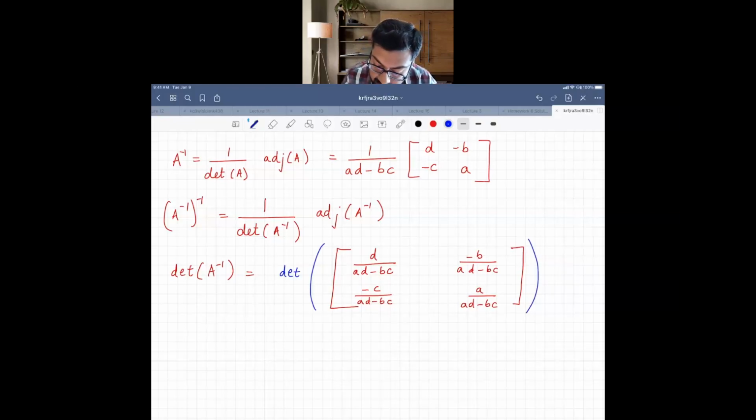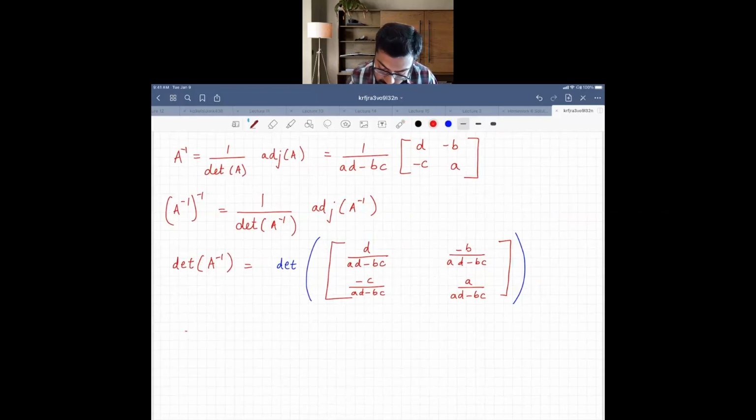And the way I find that is by multiplying these two guys and subtracting the product of these two guys. So let's do that over here. What do I have? I have AD divided by AD minus BC squared, and I have minus, there are two negative signs on the product there, so that cancels out.